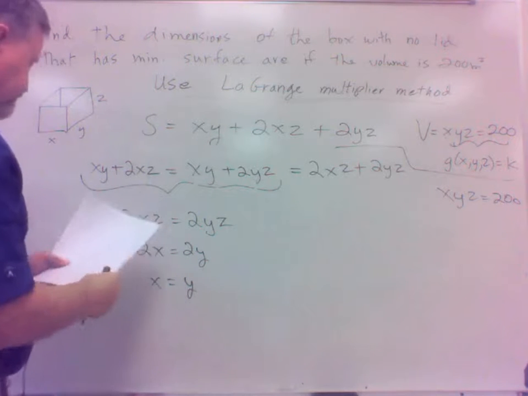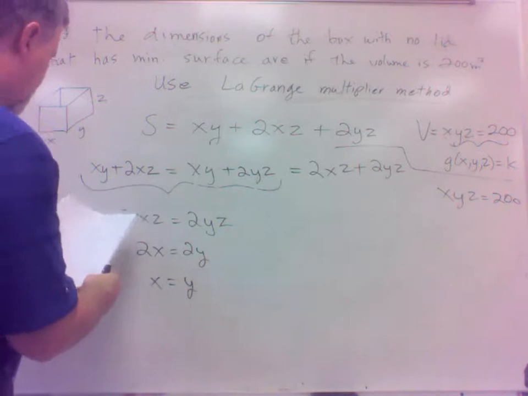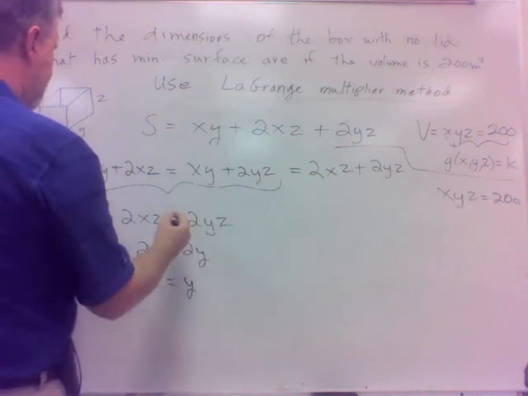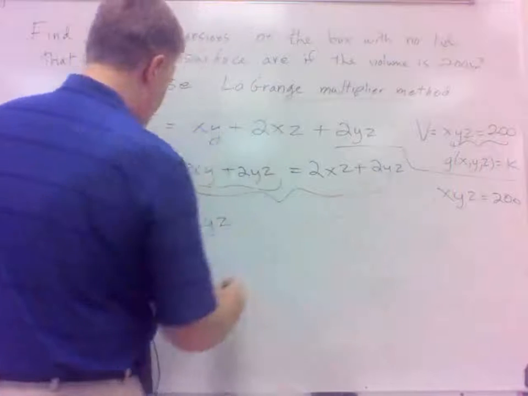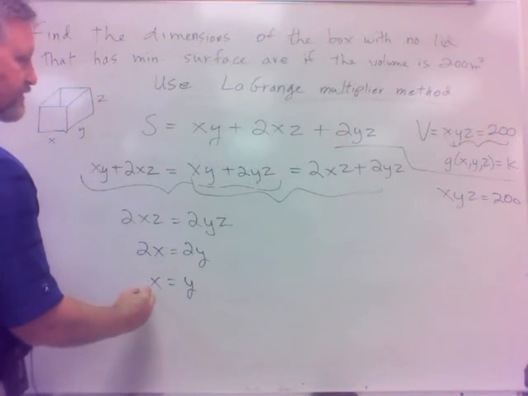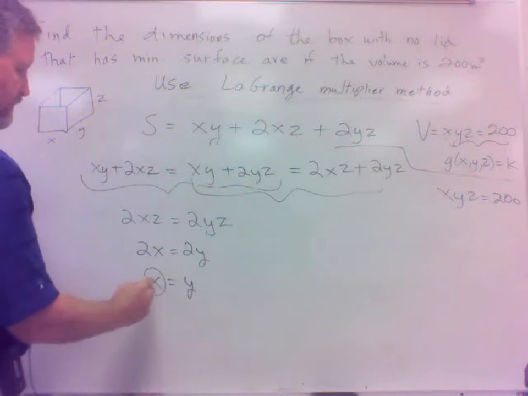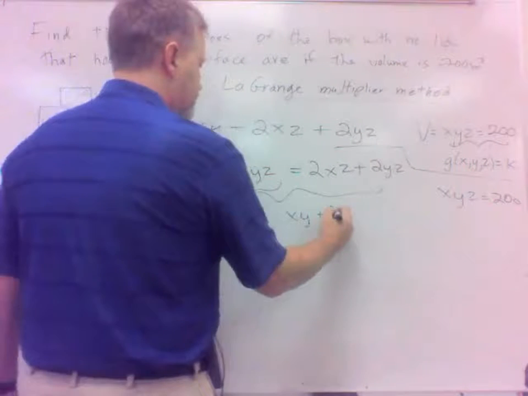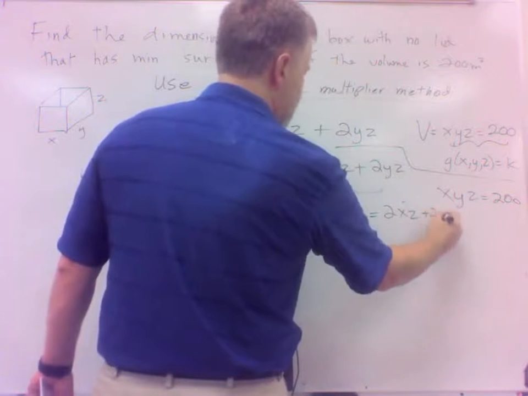Now, if we take that and plug it into two of the others, let's do the last two here. If I plug in x for y, because I can make this substitution, y equals x, so I've got xy plus 2yz equals 2xz plus 2yz.